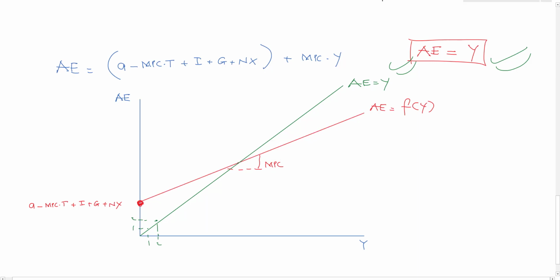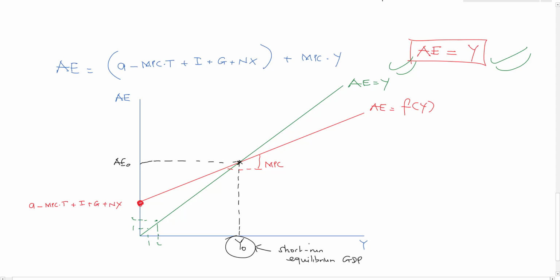So that's basically it here. This is the point where our actual production point, Y, let me call it Y0 because I don't want it to be the same as the label for the axis, and I'm going to call it AE0. So this is where we achieve equilibrium, and this right here, ladies and gentlemen, is the short run equilibrium GDP.